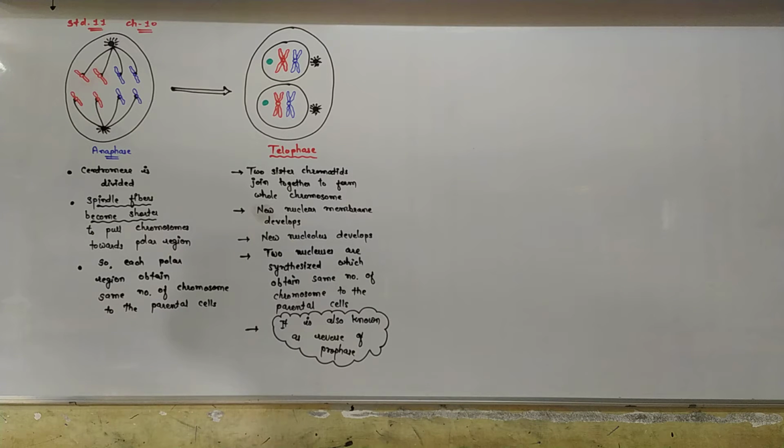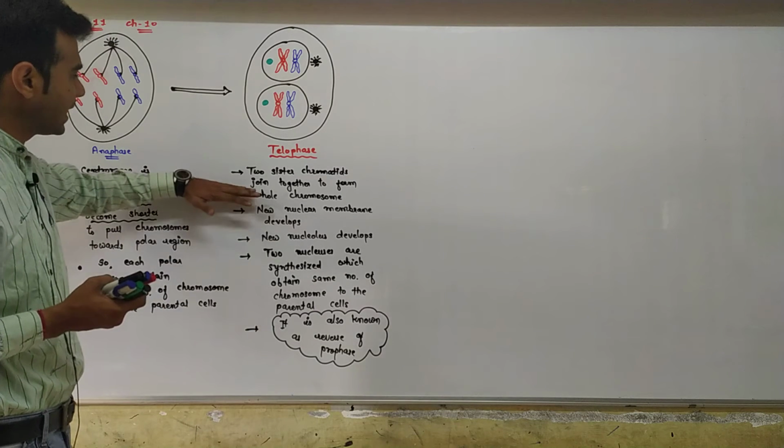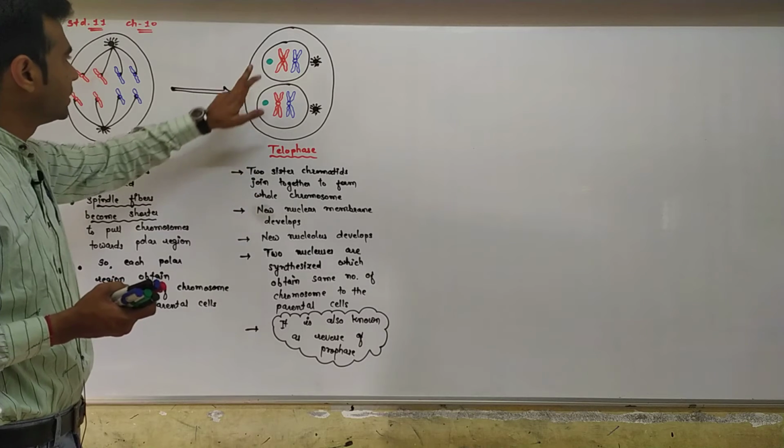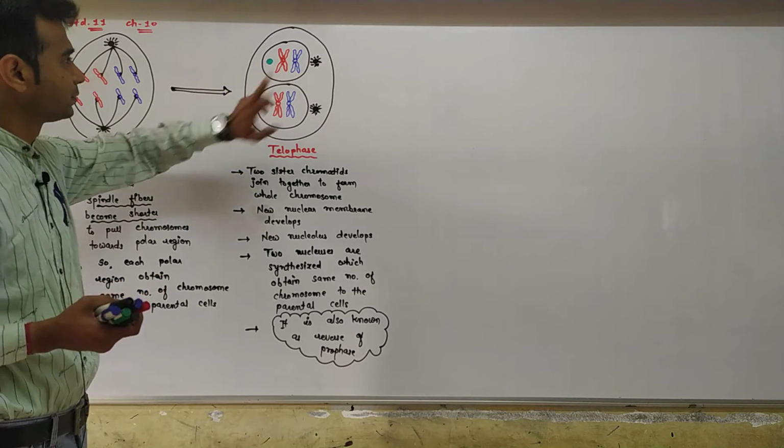In the telophase, two sister chromatids join together and form one whole chromosome.